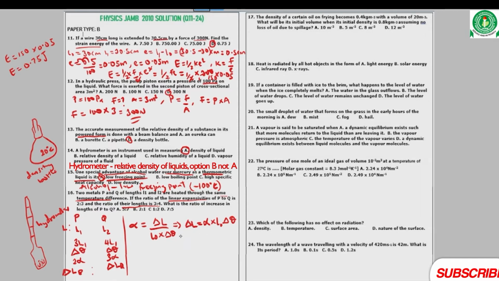So here we can now substitute our values. For the ratio of change in LP all over change in LQ, please follow.